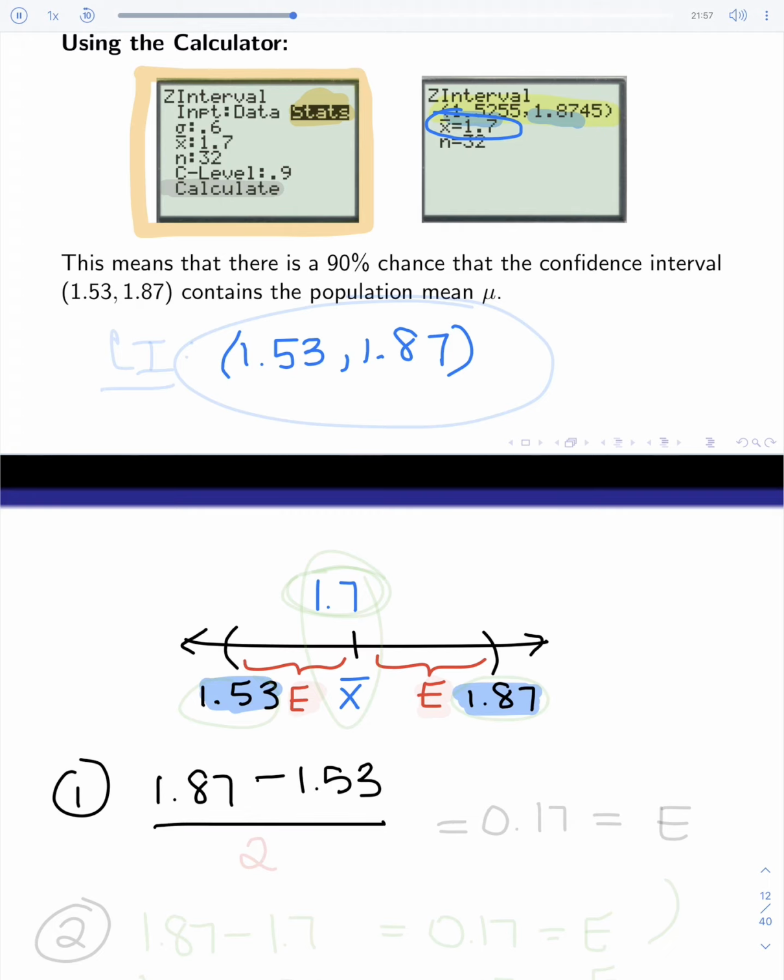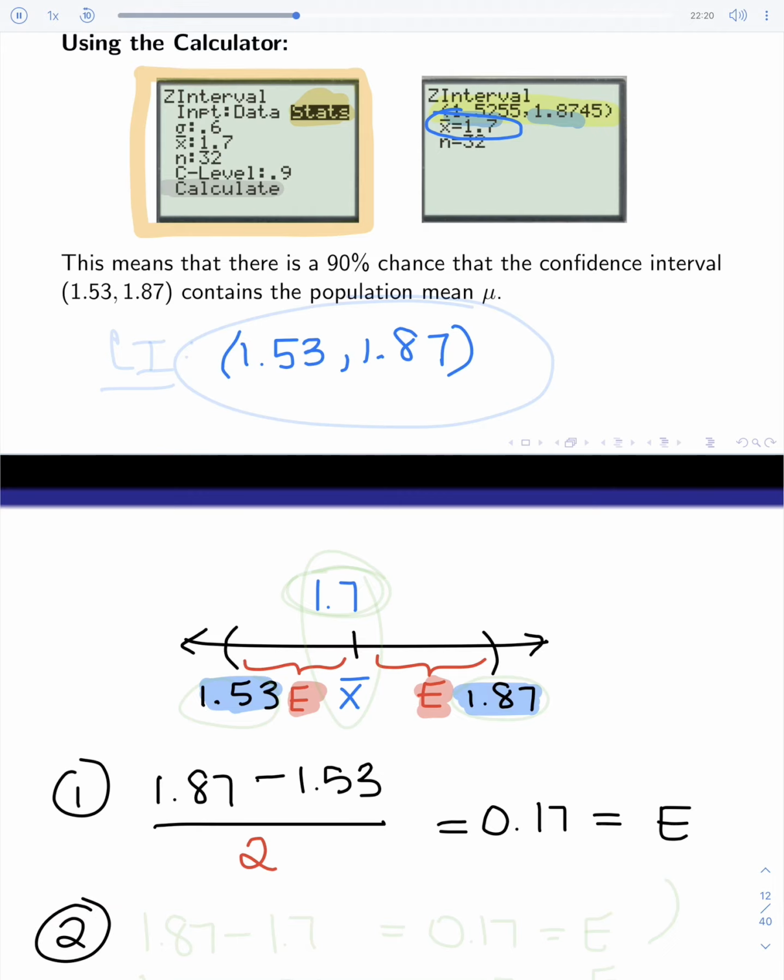And then when you're done with that, remember that that gave us two errors. Not one, but two are between the two. So you would divide by 2, and then that would get you your error one way, which would get us 0.17.